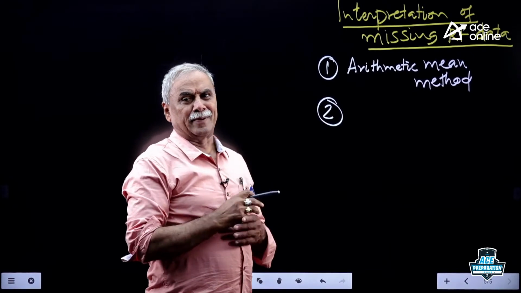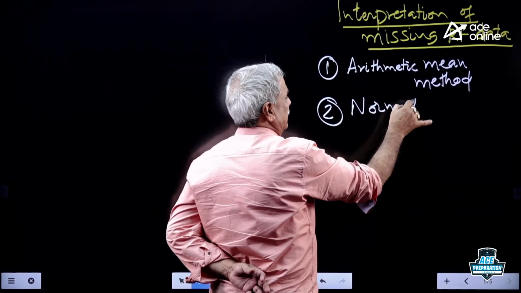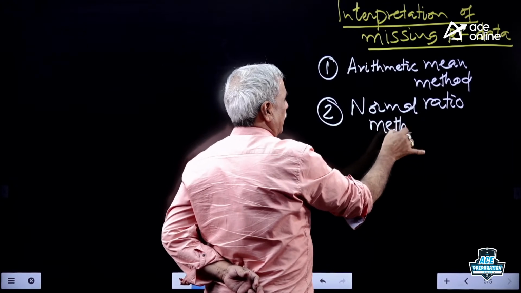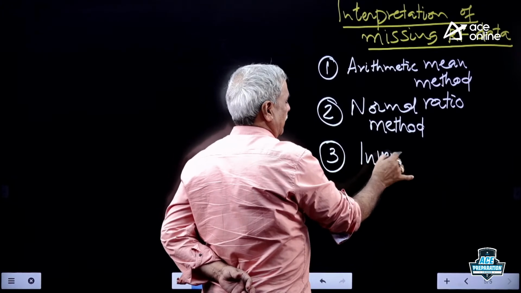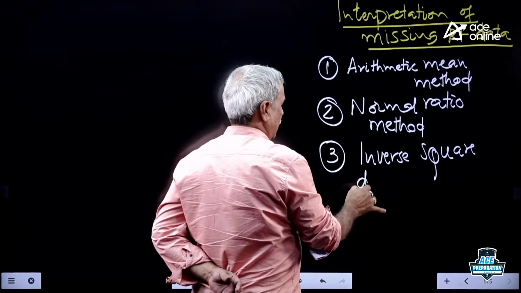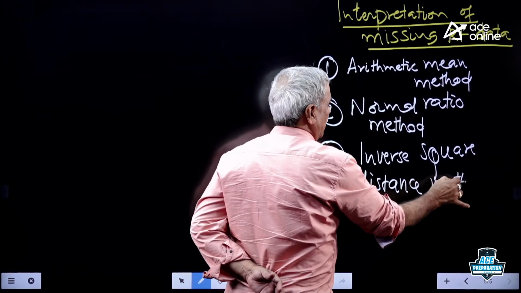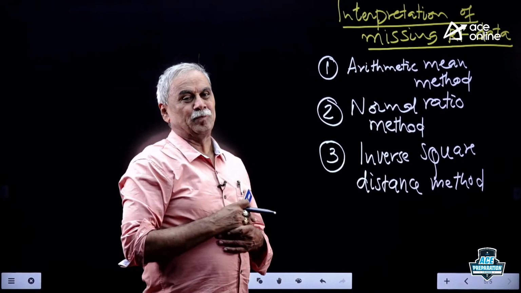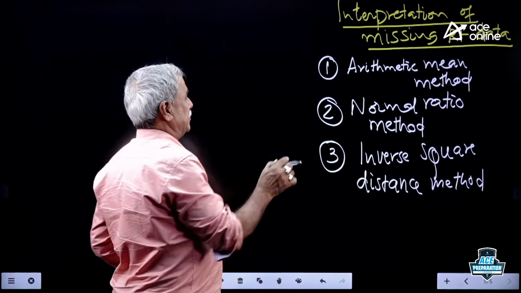The second method in the interpretation of missing rainfall data is the normal ratio method. And inverse square distance method. These three methods, all the three methods are equally important for our GATE preparation. In what situation, what method is adopted, we will see.